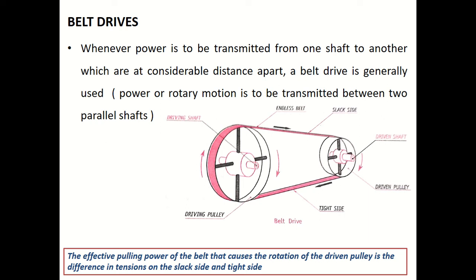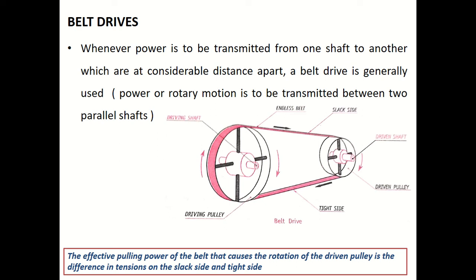Obviously, for the belt to roll over these pulleys or for the belt to move, the pull or tension on one of the sides of the belt should be more than the other side.